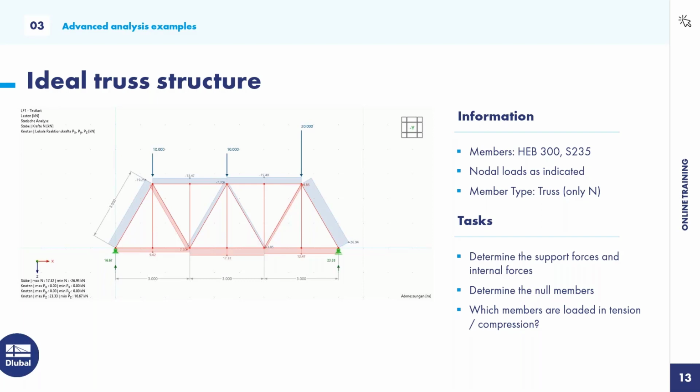So we have no additional bending moments because of this. And we only have loads defined in the nodes of our ideal truss structure. So these are the basic assumptions that go along with this term, ideal truss structure. So that results in only normal forces or axial forces in the trusses.